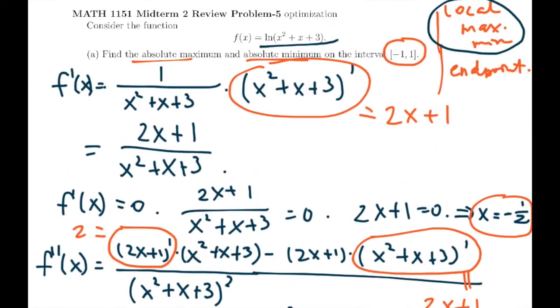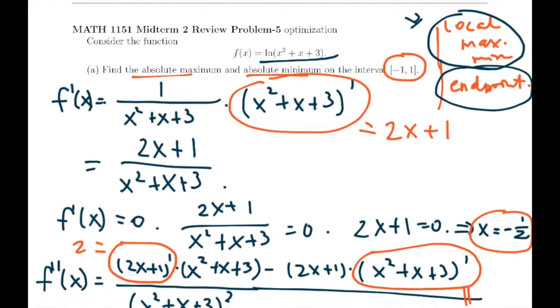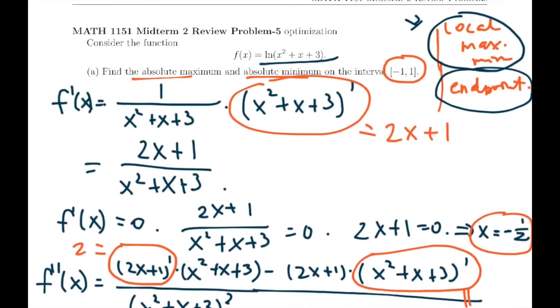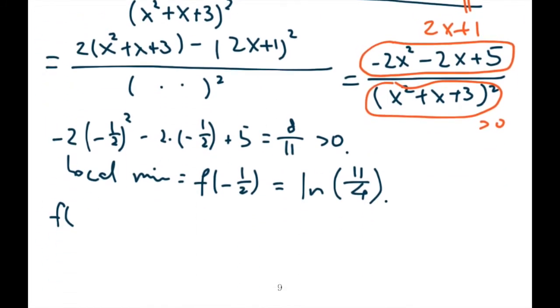Alright, this is the first part for the local max and local min, and then next we're going to take care of the endpoints. We have two endpoints, that is -1 and +1. We firstly plug in -1, and by the algebra it is equal to natural log 3. And for the other endpoint, when x equals 1, we have natural log of 5.